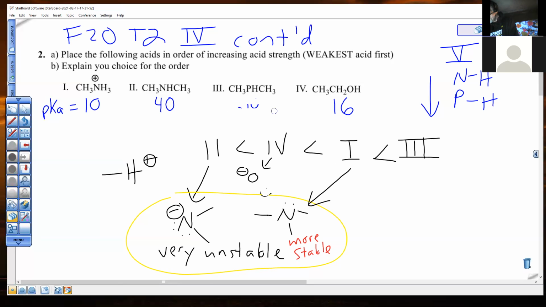Okay, so it's close to 40, right? But it's a little less than 40 for this argument. I started in the wrong ballpark. Yeah, don't compare. I was saying a P neutral is being compared to an N positive.